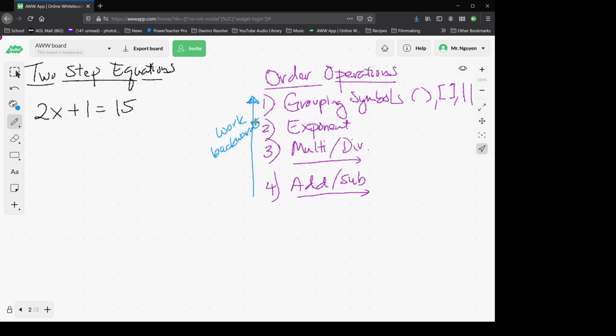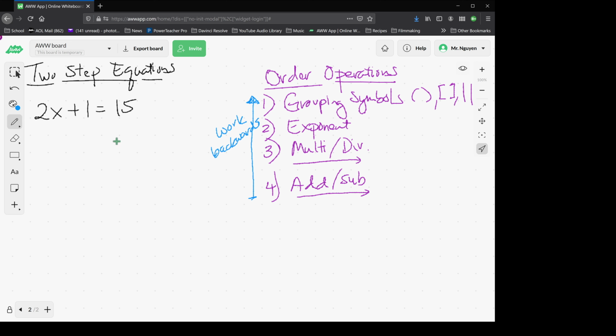What do I mean by work it backwards? So we start at the bottom, 4, which is adding and subtracting. We're going to undo anything that's being added or subtracted first.